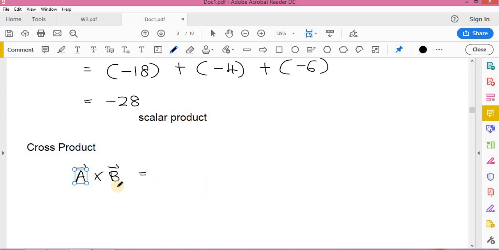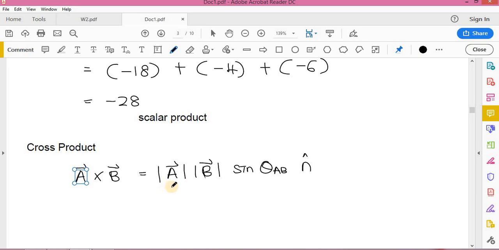The formula is quite similar to the dot product. You take the magnitude A, multiply with the magnitude B, and the difference is that we are not using cos, but sine: sine theta AB. And you have one additional parameter, which is the unit vector n.